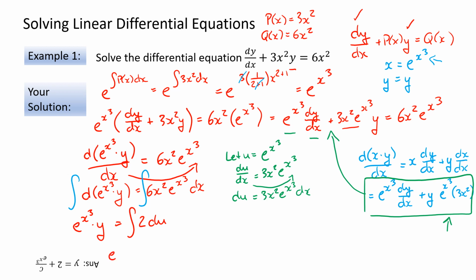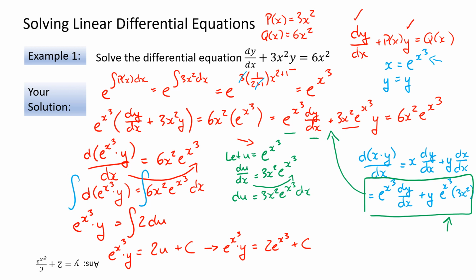Integrating that side, we get e to the x cubed times y is equal to 2u plus, in this case, a constant, where u is e to the x cubed. So if I substitute that in, I get e to the x cubed times y is equal to 2e to the x cubed plus a constant.